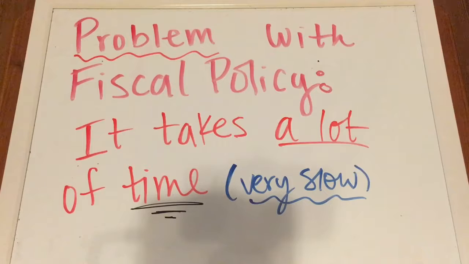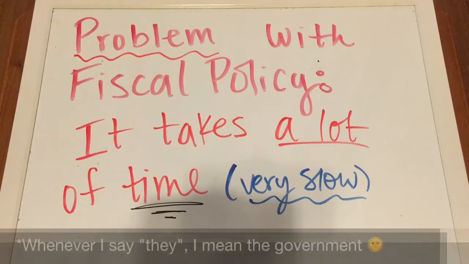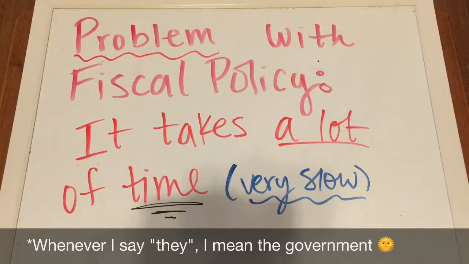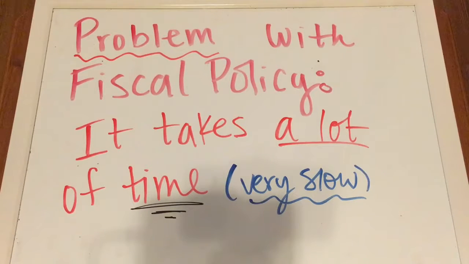And then once they recognize that their economy isn't doing so hot, they go and try to make this policy. But it takes a very long time, especially for this part, because they have to go back and forth between the branches of government. And once all of that transpires and they finally get the laws passed to influence their economy, a lot of time has gone by. So, yeah.